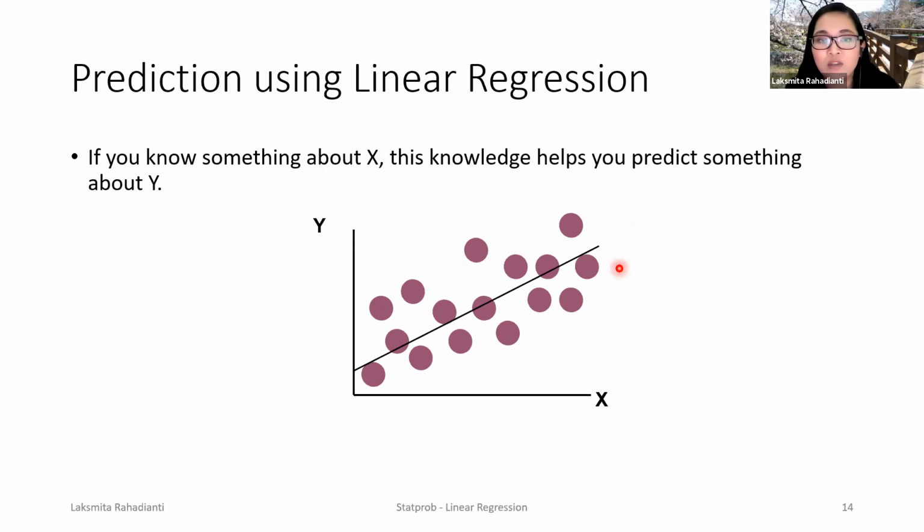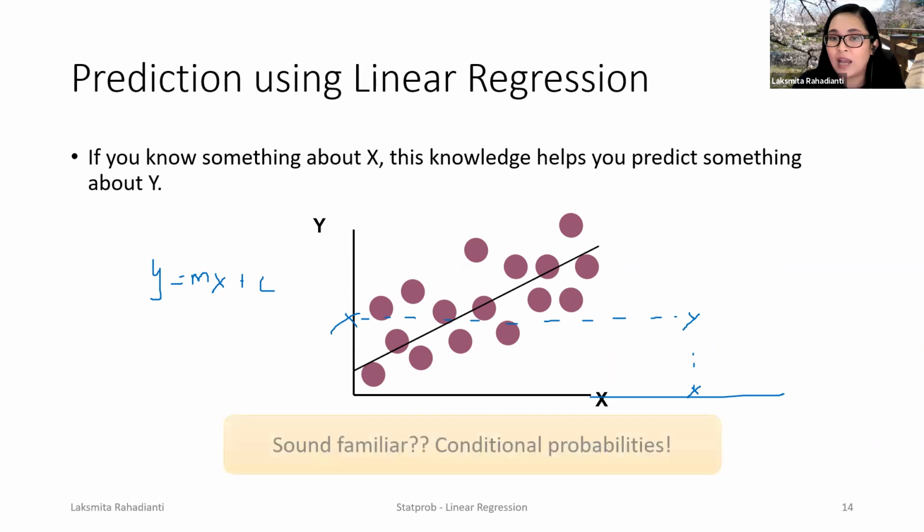Given x, I know y. So if these are the data points that we already know, if I establish the relationship between x and y as a function, so y equals mx plus c, then if I had an x over here, for example, I would then be able to determine the value of y.